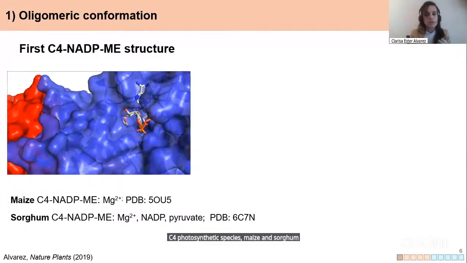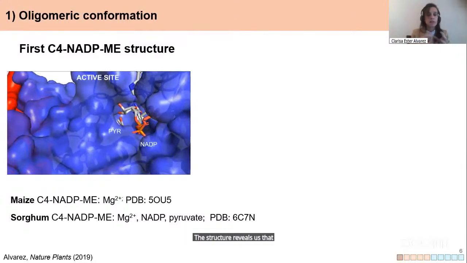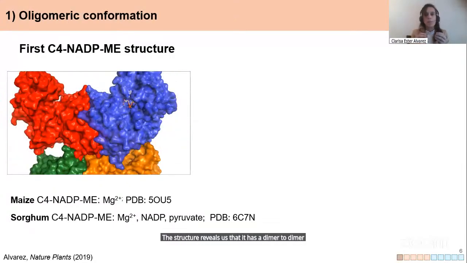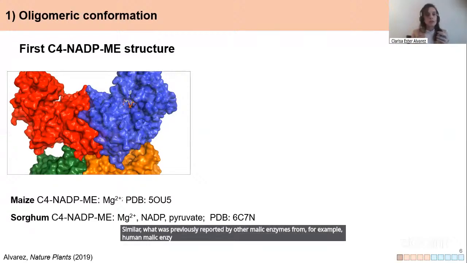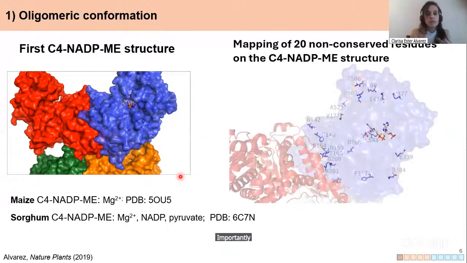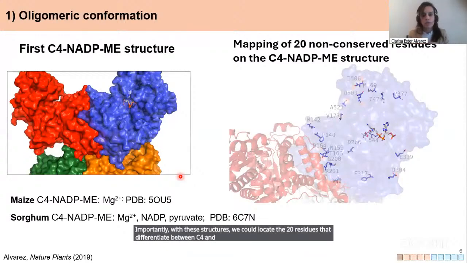The structure reveals a dimer-of-dimers conformation, similar to what was previously reported for other malic enzymes, for example, human malic enzyme. We could detect 4 catalytic dimers and study this structure. Importantly, with these structures, we could locate the 20 residues that differentiate between C4 and non-C4 isoforms.